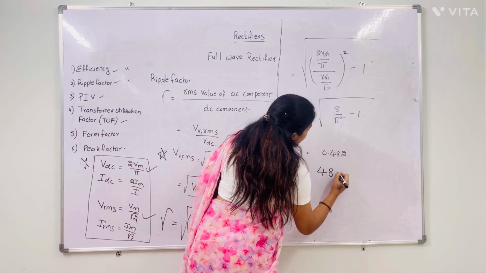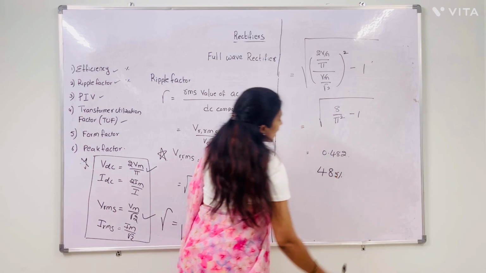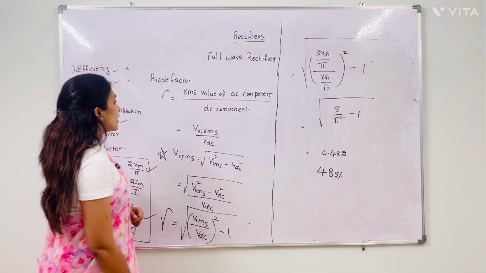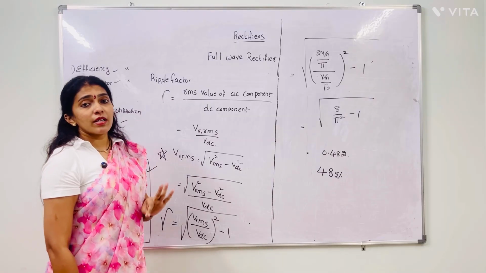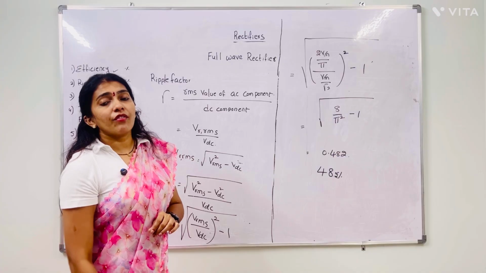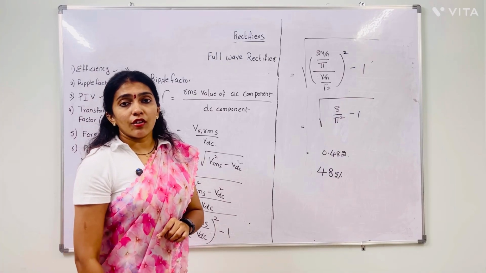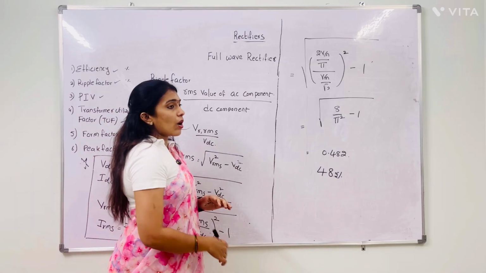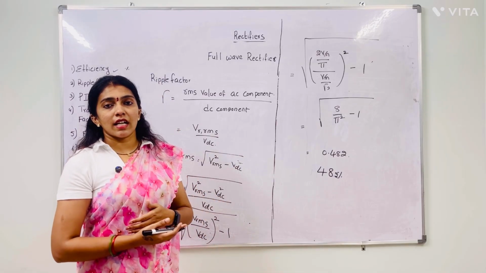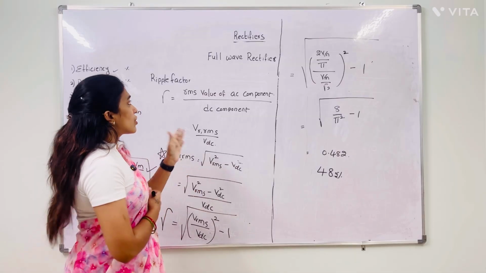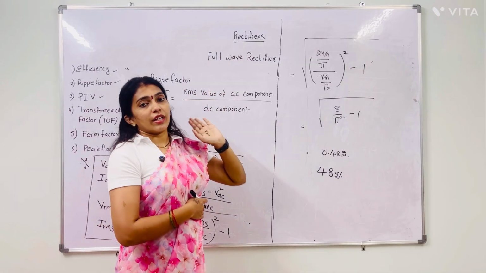In terms of percentage, that is 48.2 percentage. So here we got only 48 percentage of ripples at the output side, whereas in half wave rectifier we got 121 percentage. 121 percentage means a lot of unwanted AC signals at the output side. So compared to half wave rectifier, we choose full wave rectifier.